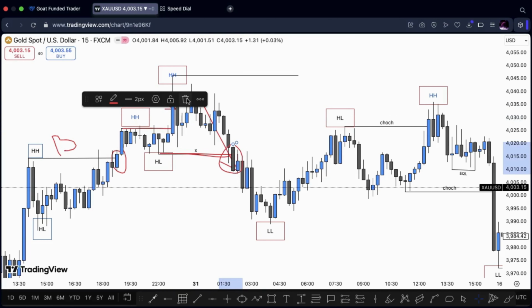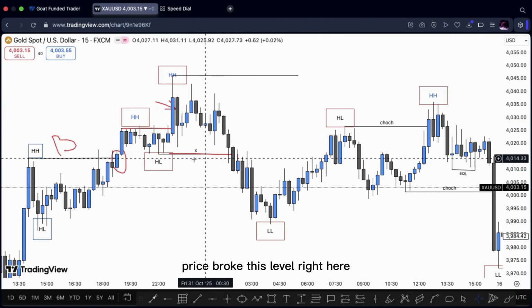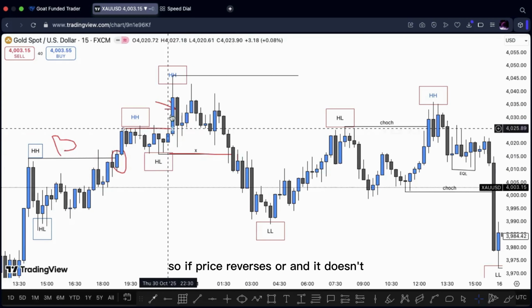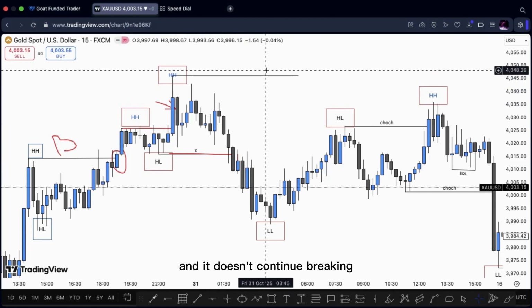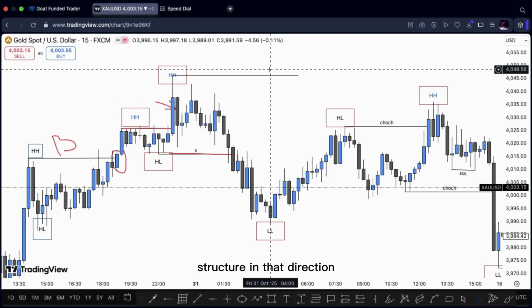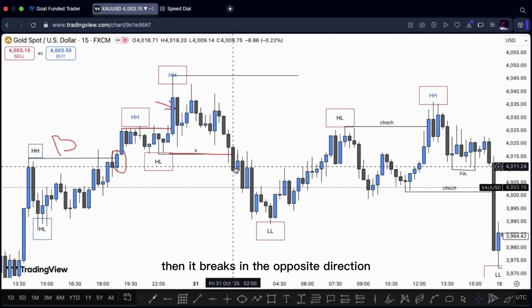Price broke this level right here. So if price reverses and it doesn't continue breaking structure in that direction, then it breaks in the opposite direction.